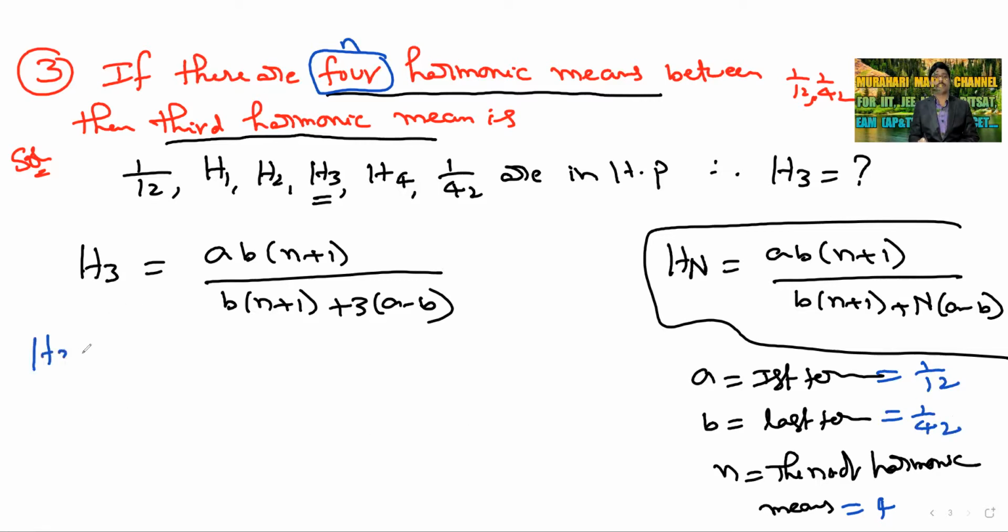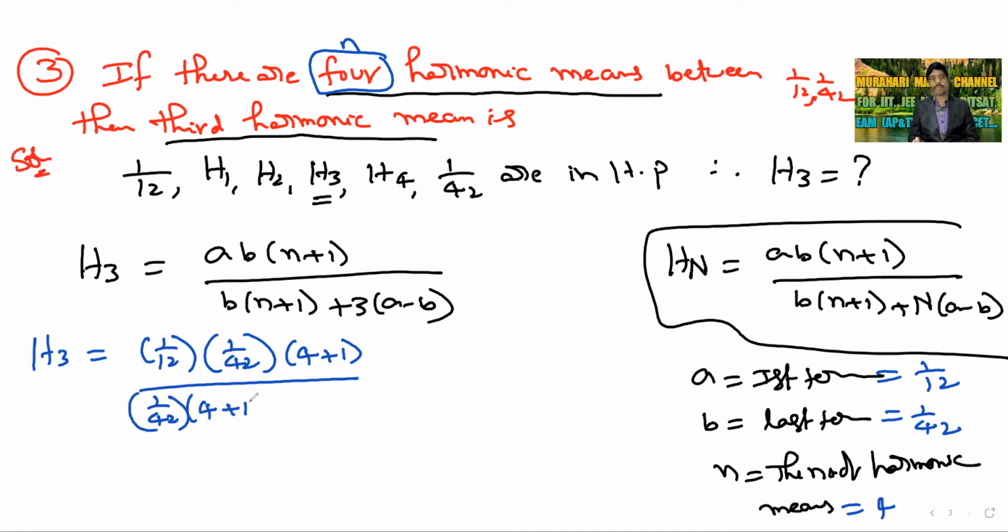Now write H3 is equal to A value 1/12, B value 1/42, N plus 1 is 4 plus 1, it will be 5, by B times (N plus 1), 4 plus 1, plus 3 times (A minus B), where A minus B is 1/12 minus 1/42.